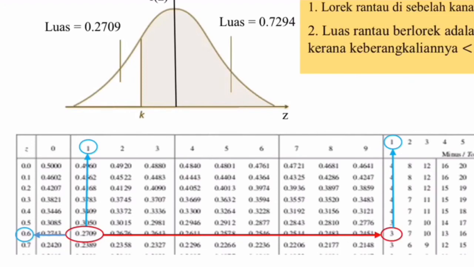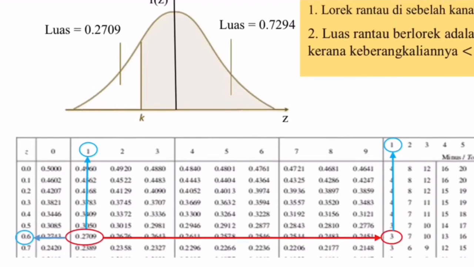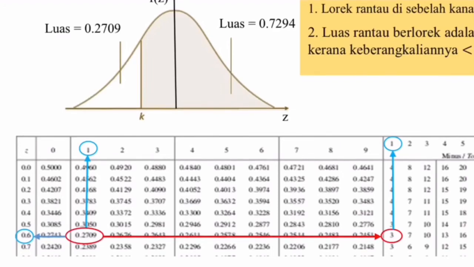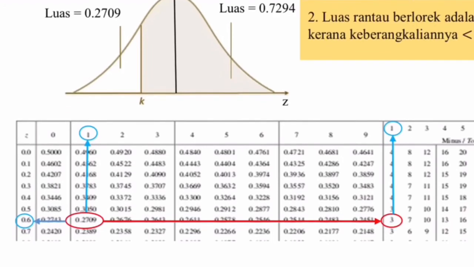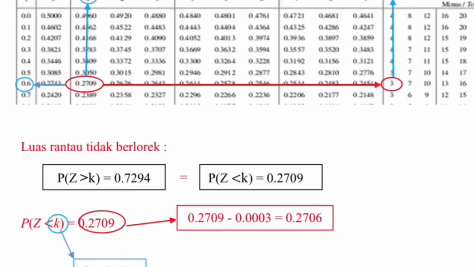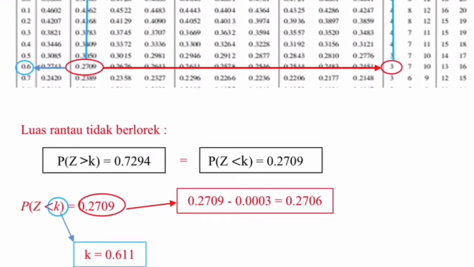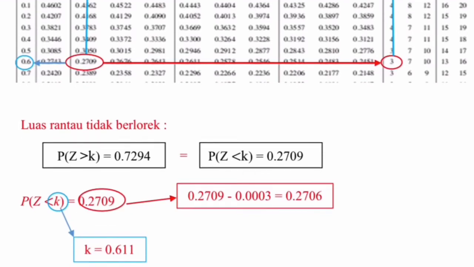As an example, here we have the areas 0.7294 and 0.2709. Now we want to find the area close to, we can only find less than 0.5 in the Buku Sifir.